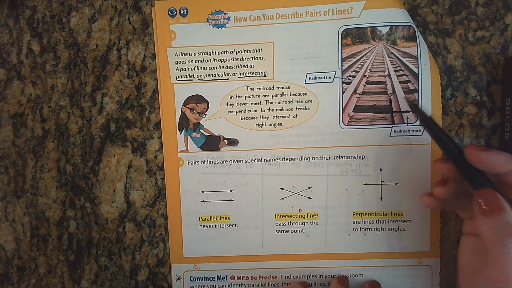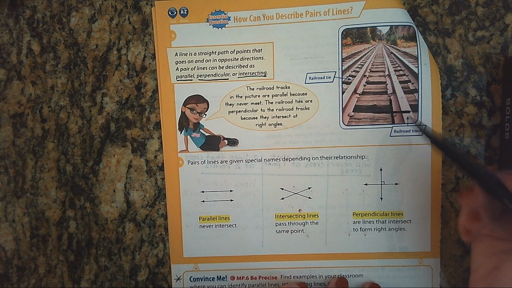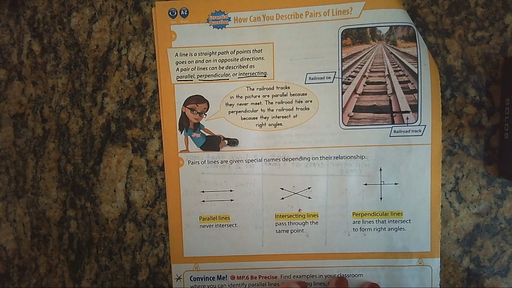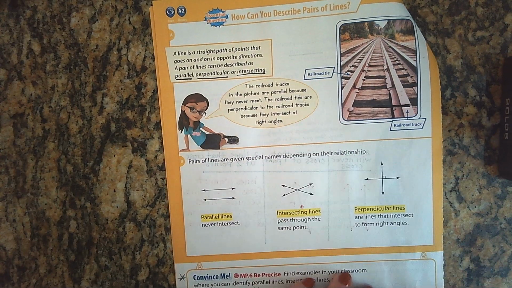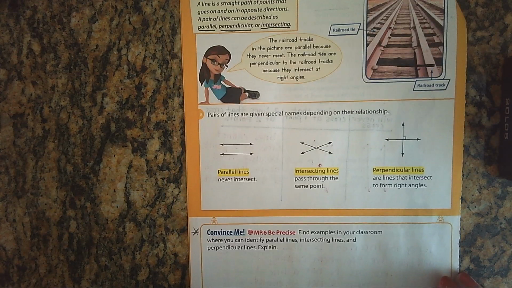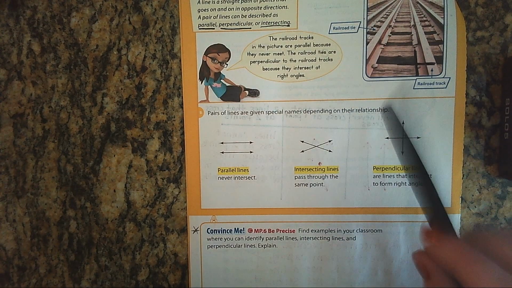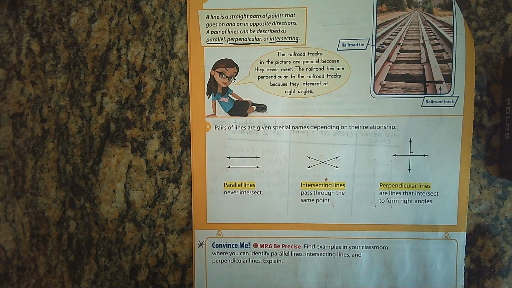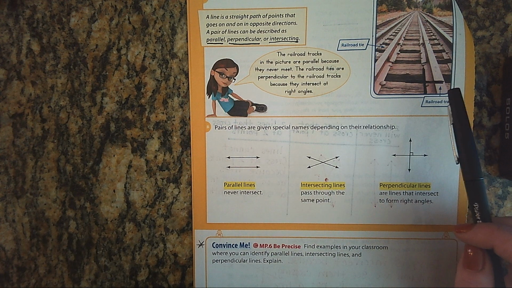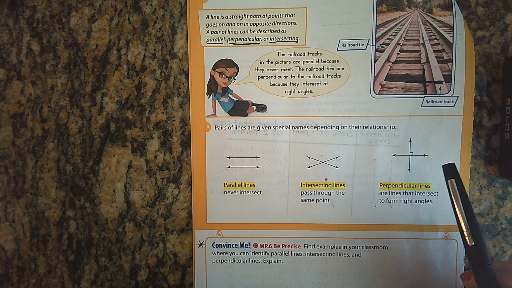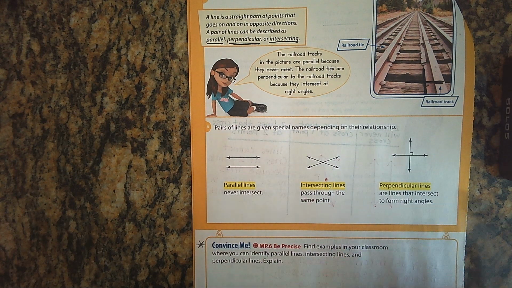And we'll read about what perpendicular lines are down in the description. But that would be a real world example. And in the Convince Me, you are supposed to find different examples. So that's just giving you some clues as to how you can find them in life, and it'll help you more to understand the differences between the pairs of lines.